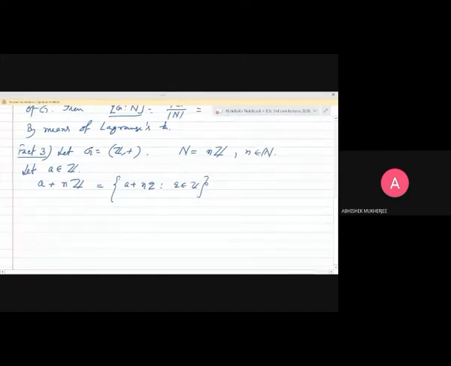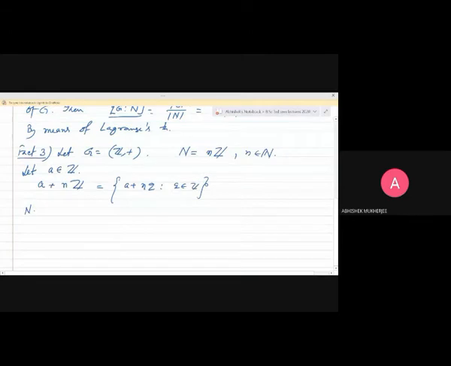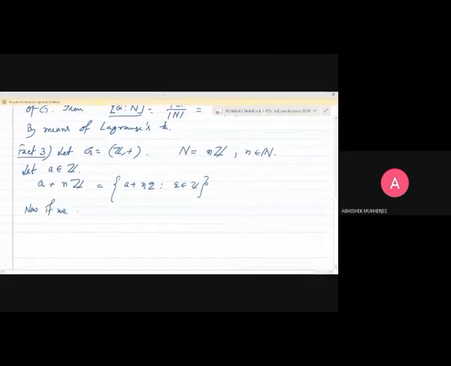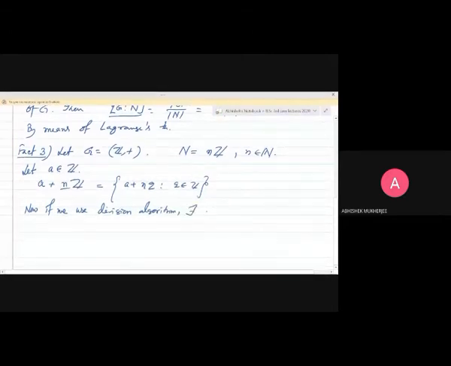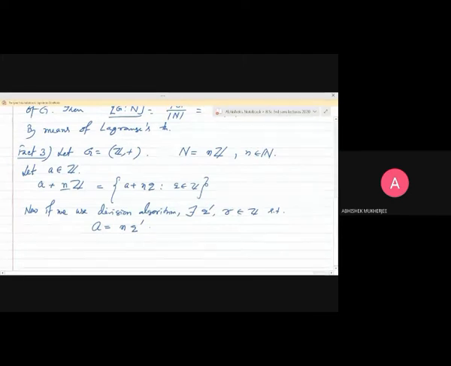Now, if we use the division algorithm to a, and we divide a by n, then there exist q dash and r belonging to Z, such that a is equal to nq dash plus r.